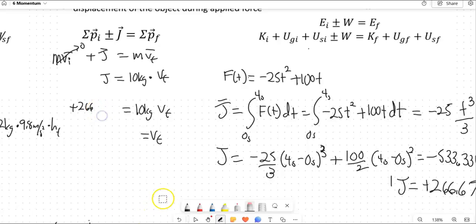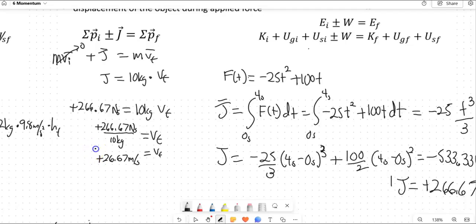This looks terrible. 266.67, so positive 266.67 Newton seconds divided by 10 kilograms is going to be 26.67 meters per second.